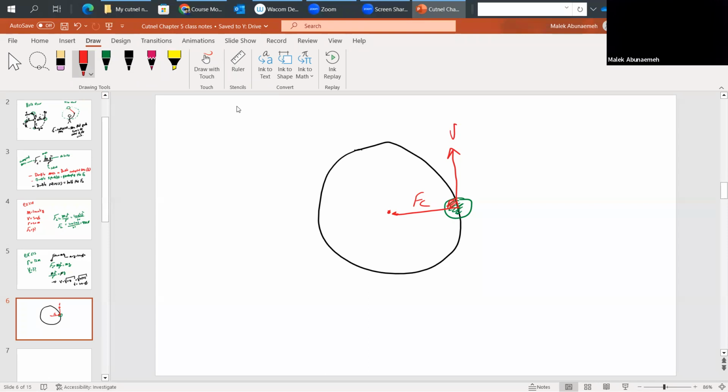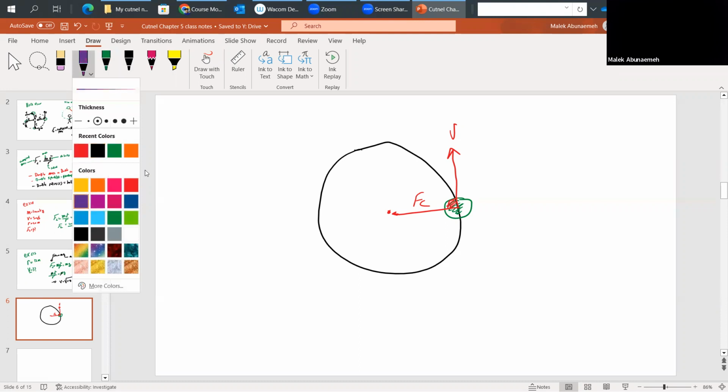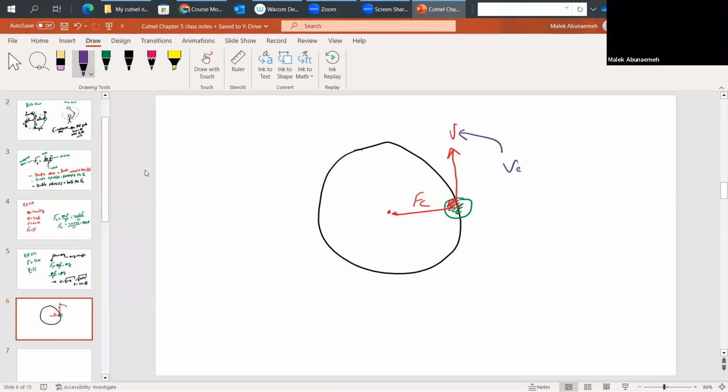Now, this velocity that we have is defined as distance over time, which means that v is going to equal distance over time.